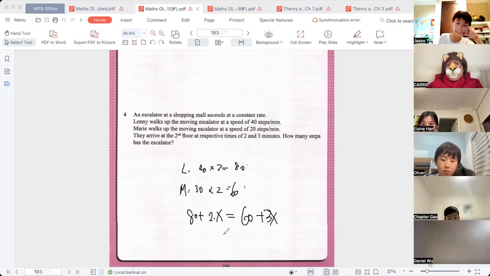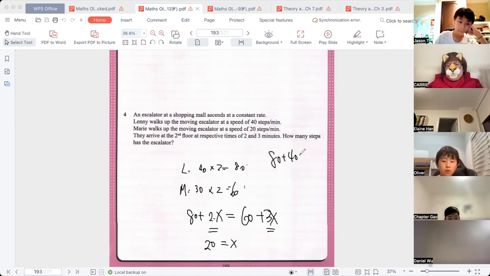But because Lenny did it really quickly, the escalator only helped him for 2 minutes. And Marie did it later, so the escalator helped her for 3 minutes, more than that. So that's why you can do 20 equals x. So the escalator altogether is 80 plus 40 equals 120, or you can do 60 plus 3 times 20 equals 120 steps as well.